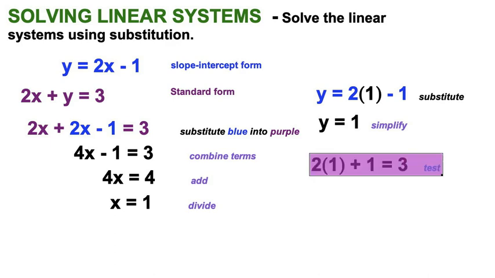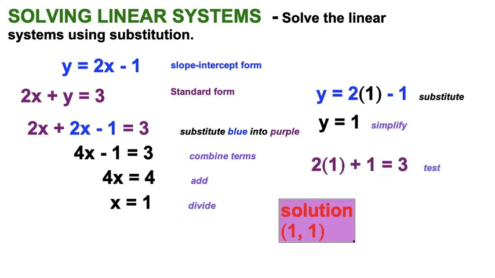Now a little test: I'm going to take the second equation, the purple one, and put in 1 for x and 1 for y. And it works out, 2 plus 1 is 3. So my solution is x is 1, y is 1, and we write it (1, 1) since it's an ordered pair.